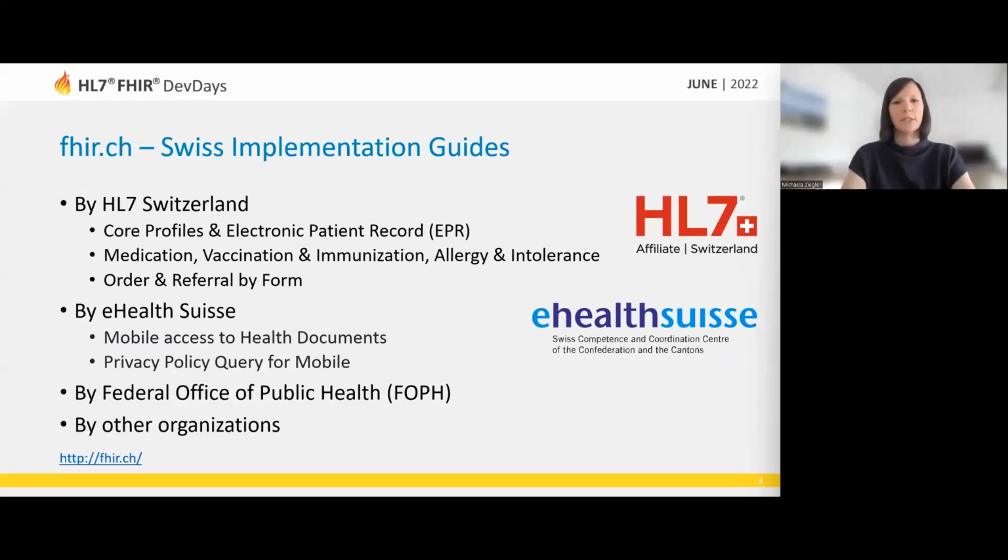Many of these implementation guides are the products of a joint effort with participants from the FHIR implementer community, HL7 Switzerland and eHealth Suisse. eHealth Suisse is the competence and coordination center of the Confederation and the cantons and ensures that the digitalization projects in the Swiss healthcare system are in line with their goals and the law. Here are some IGs listed on FHIR.ch that I would like to introduce to you now.